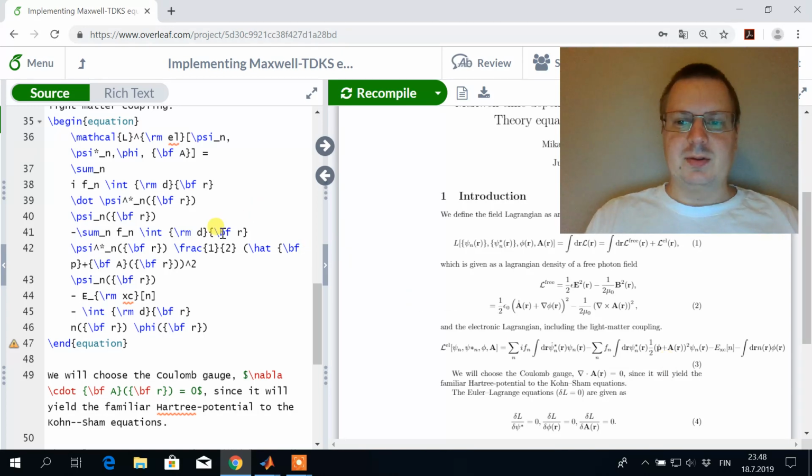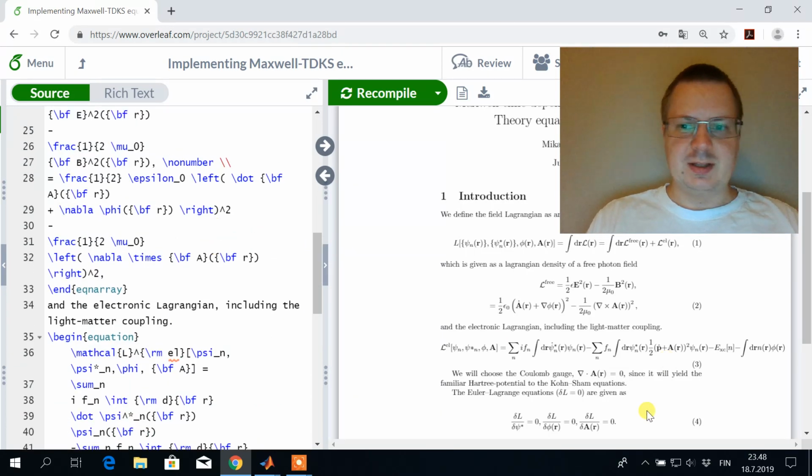So I would like to partially integrate. There's p squared, there's two derivatives. I partially integrate, so the first derivative applies here and second here. And then we have reversal of the sign as well.